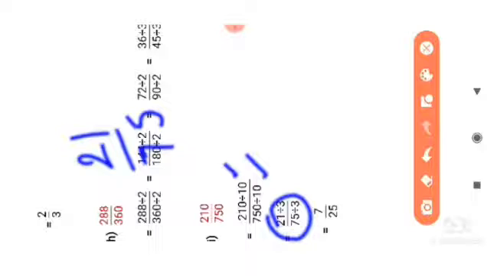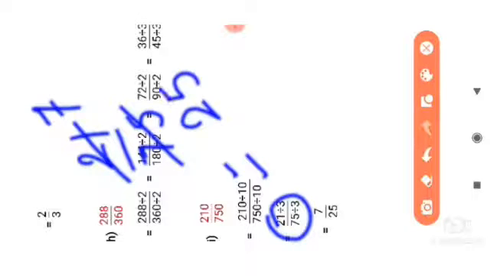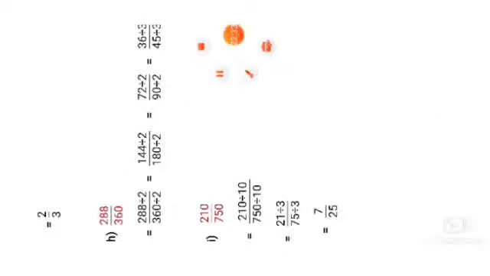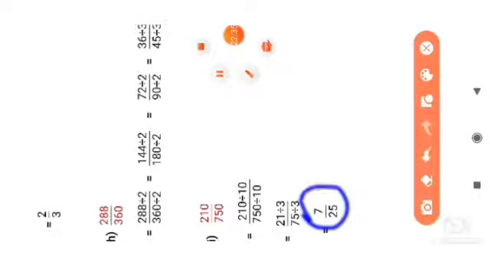If we divide 21 by 3, it is 7, 3 sevens are 21, and if we divide 75 by 3, it is 25, 25 3s are 75. You can divide as rough work. So in our next step, we got 7 by 25, which I already wrote here.